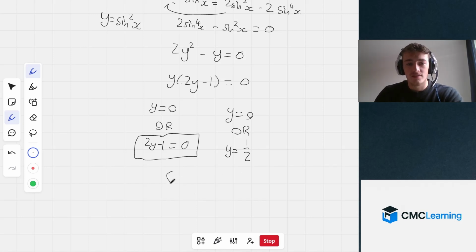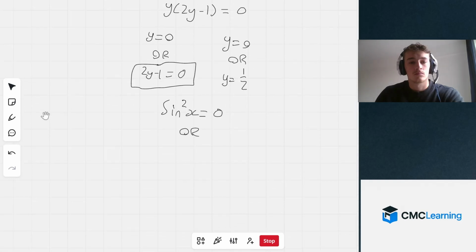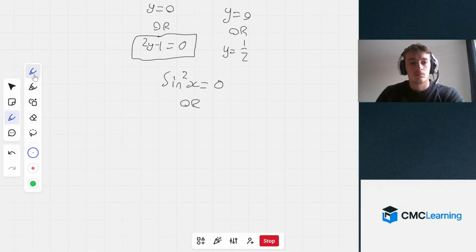So we have sine squared x equals 0 or sine squared x equals 1/2. Now what does this mean?